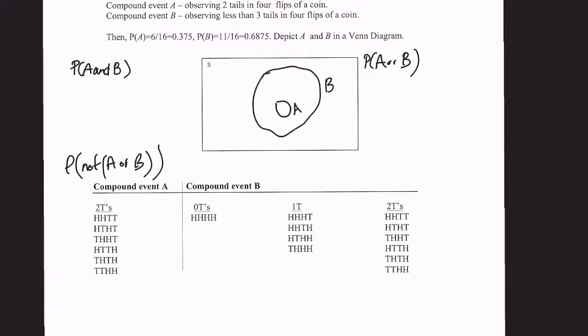What would you get? First of all, probability of A is 6/16, and probability of B was 11/16. If you remember, we calculated these before.